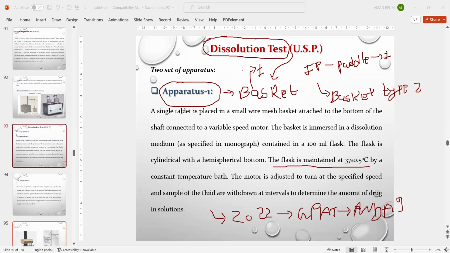But what is a generic product? In general, you must know the basic definition. Bioequivalent to branded. Very good, Sakshi. So it's a bioequivalent product to the innovator. And what is bioequivalence?